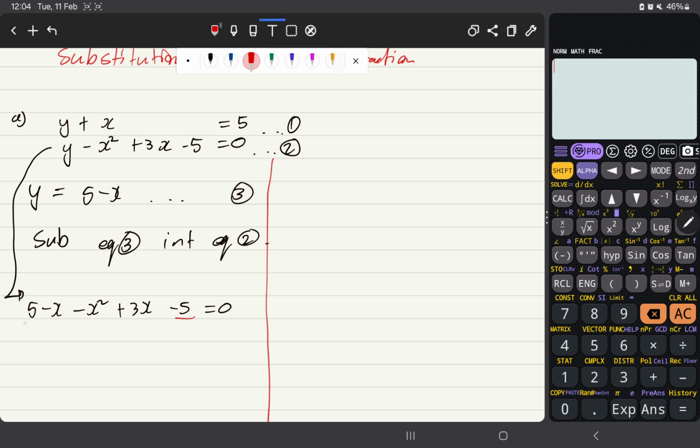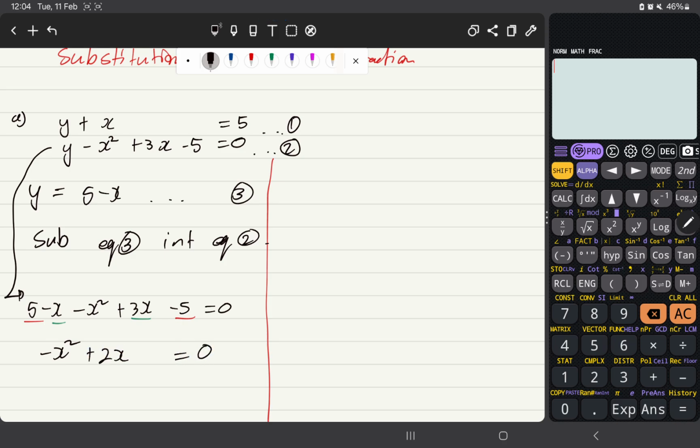So now this 5, they're going to cancel each other out, and right here I'm going to have positive 2, so I'll have minus x squared plus 2x, and that will be it, right?